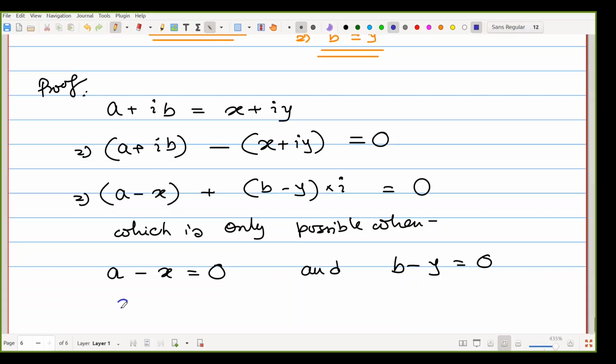So that proves A is equal to x and B is equal to y.